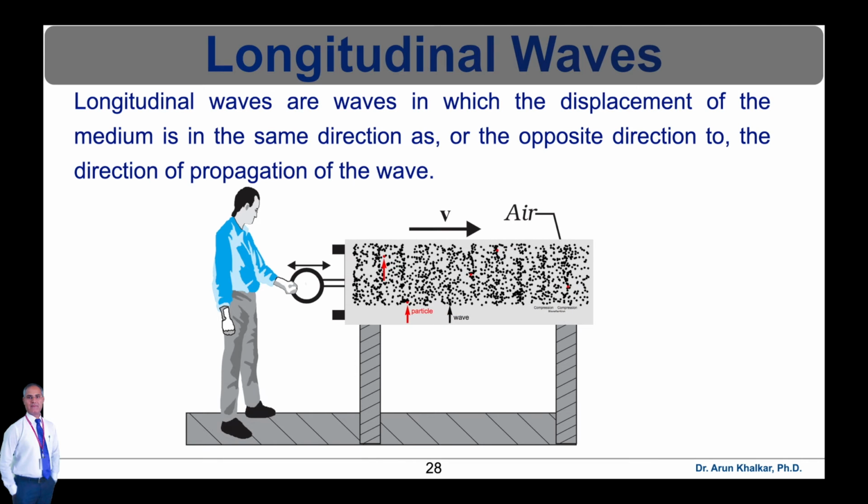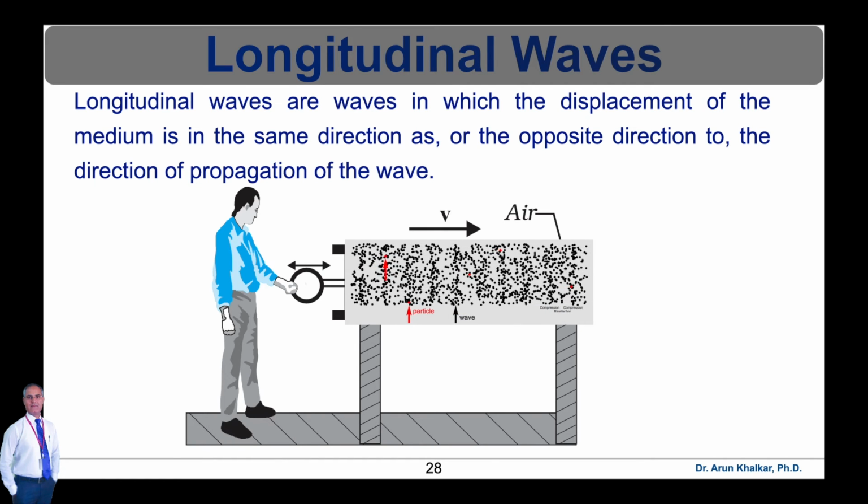It may be noted that the motion of the elements of air is parallel to the direction of propagation of the wave. This motion is said to be longitudinal, and the wave produced is therefore called a longitudinal wave. The sound waves produced in air are such pressure waves and are therefore longitudinal in character. So this is one of the examples, that is, sound waves are longitudinal waves.